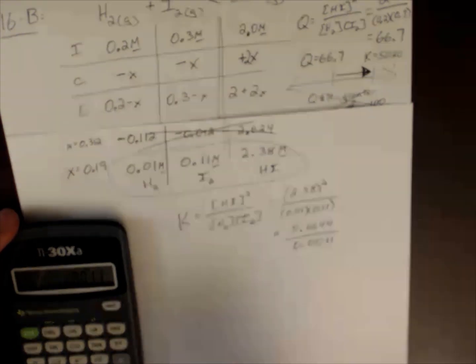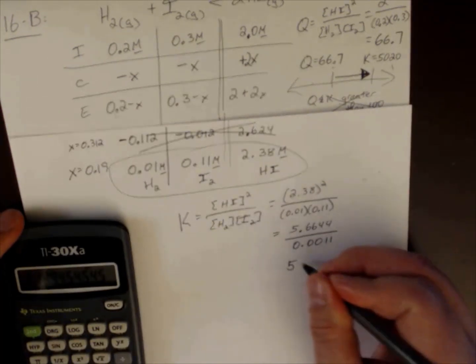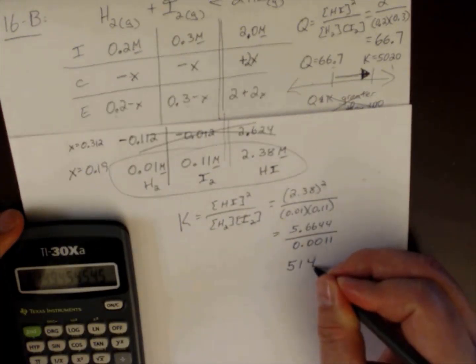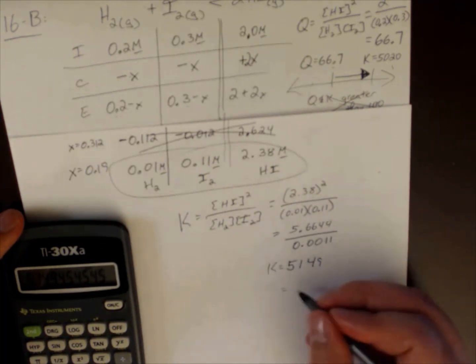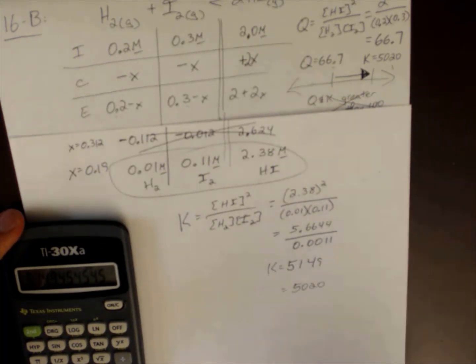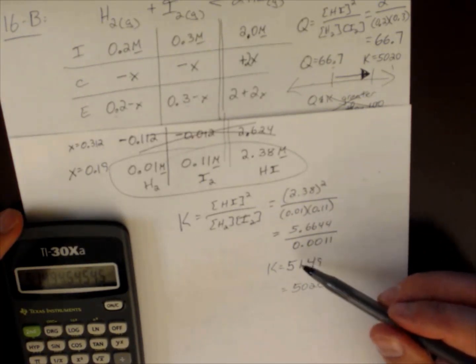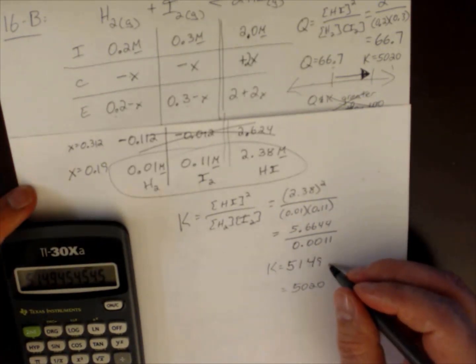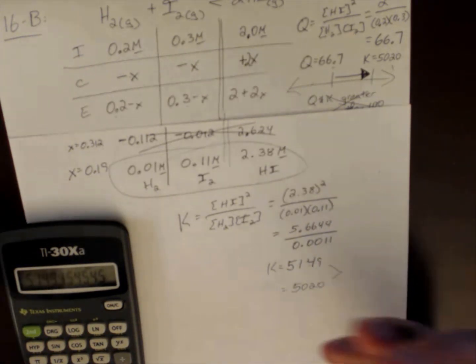So now I do that, and I get 5,149. Okay. Notice how I started off at 5,020, right? Even though, hey, it's off by 100, it's off by 100 out of 5,000, right? So it's not off by that much.